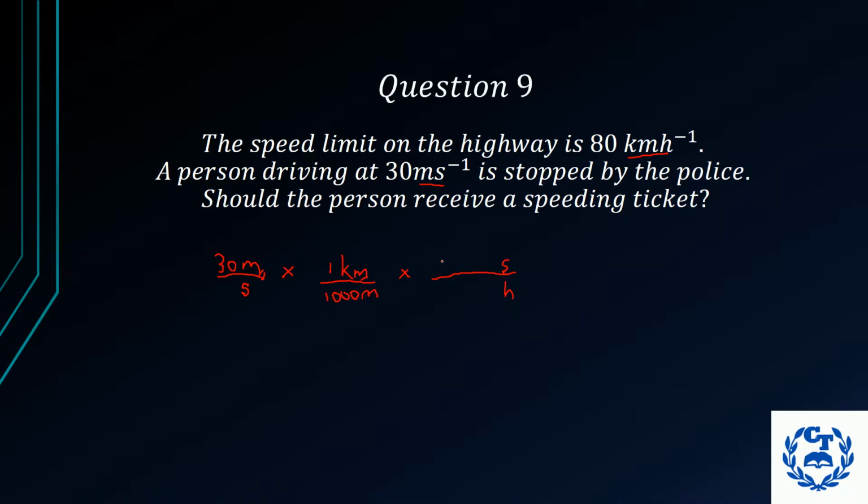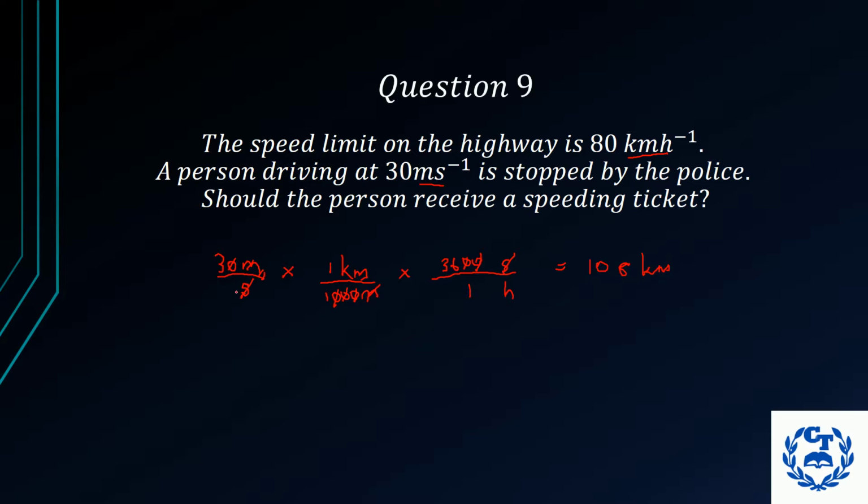And we say that 3,600 seconds is equal to 1 hour. We do the relevant calculations. We cancel the seconds and we cancel the meters. We see in that we have 3 by 1 km by 36, which is going to be equal to a value of 108 km.